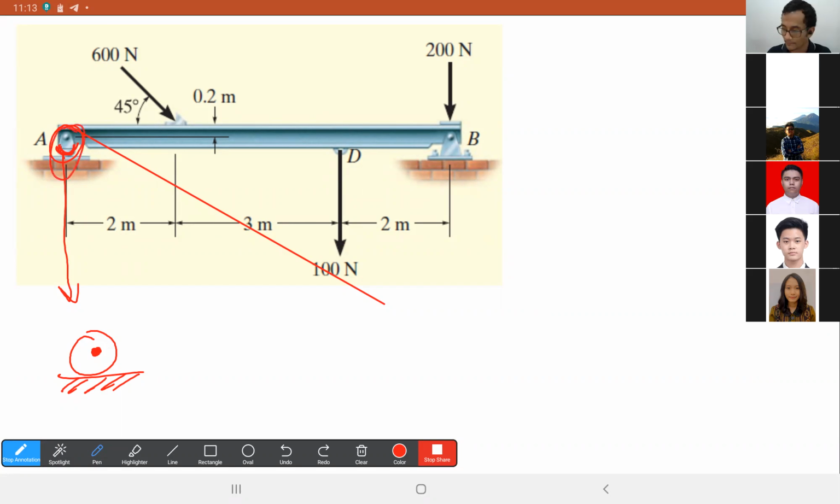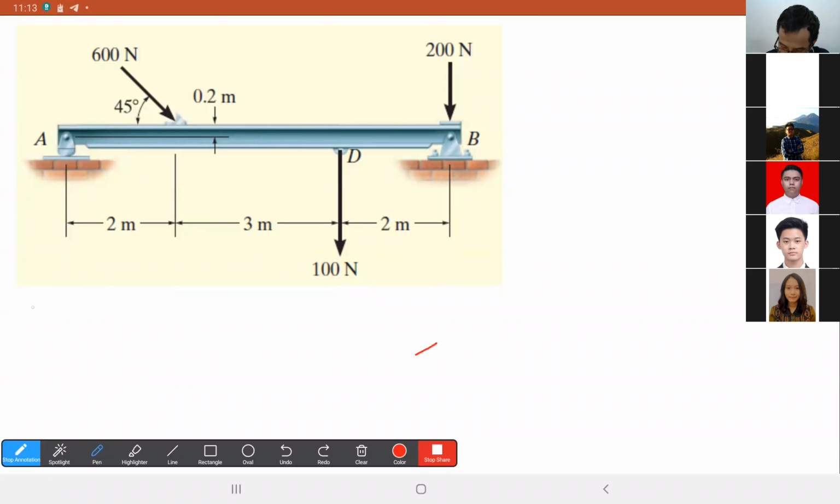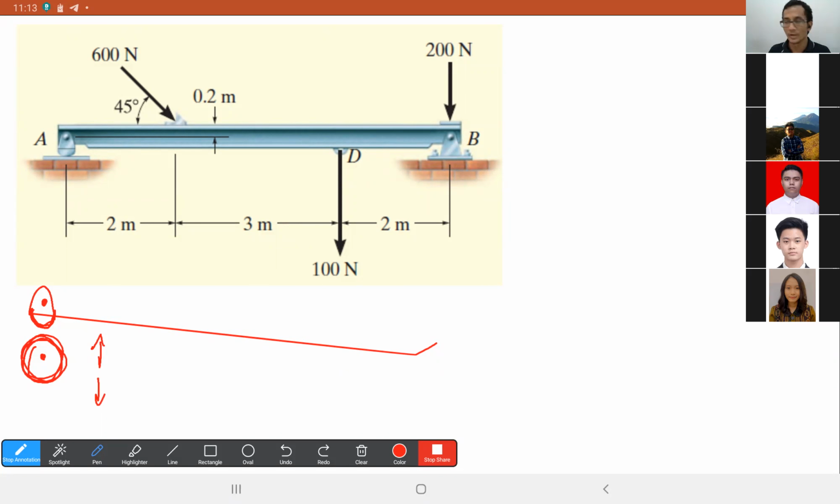So this kind of joint, either like this or like this, just like a roller, can only produce upwards or downwards force. So only vertical force.